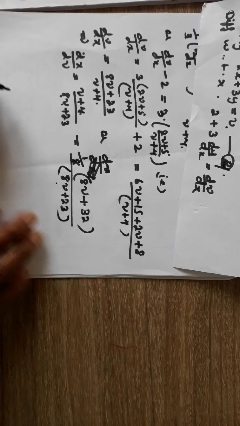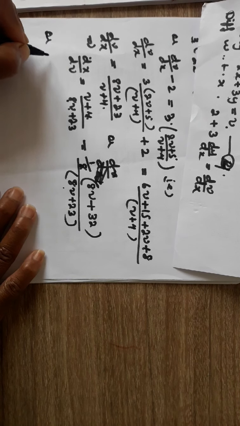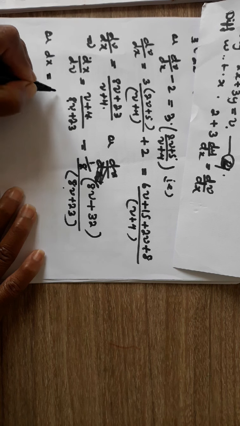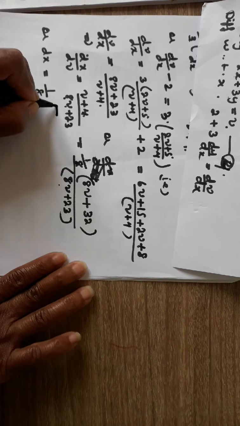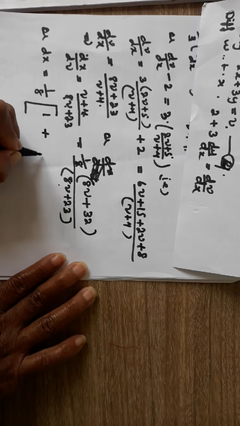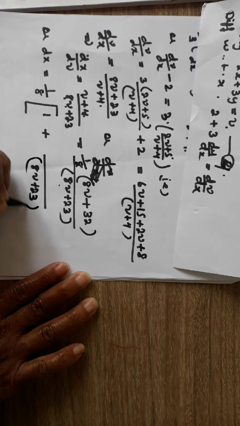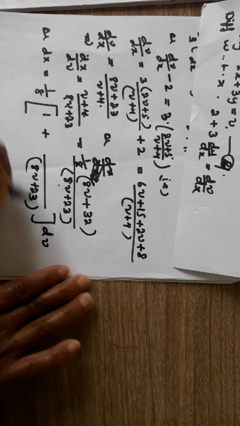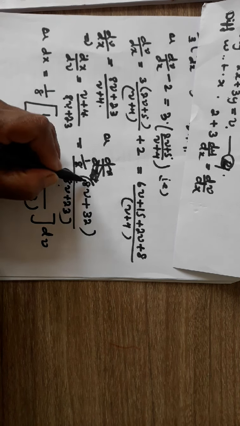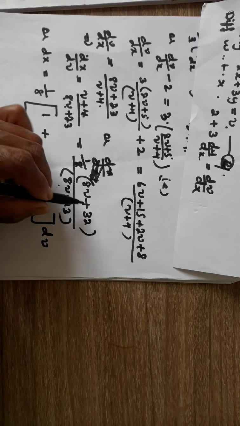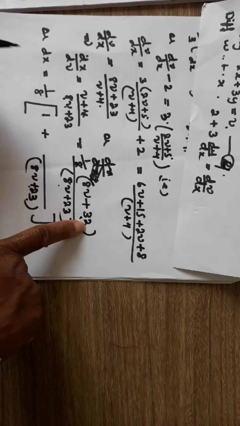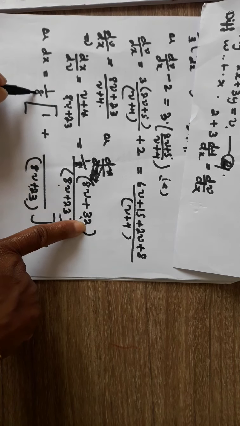Or you can write dx is equal to 1 upon 8 into (1 plus dash) divided by (8v plus 23) into dv. So for that 8v is already there plus 23, but here the numerator should be 32, because 1 by 8 I have taken outside.